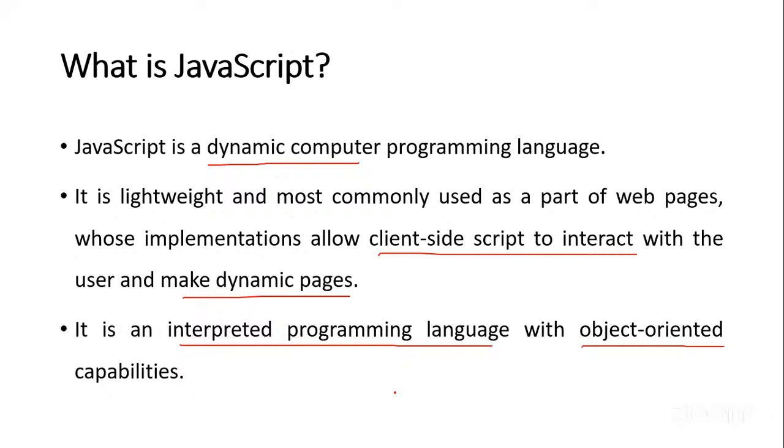If any programming language provides these features, we can say that programming language is an object-oriented programming language. So here JavaScript provides these features. That's why it is also called an object-oriented programming language. It has object-oriented capabilities.